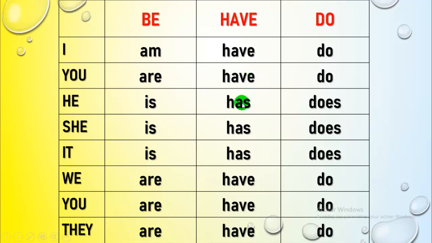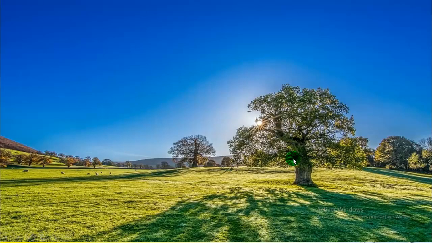I have, you have, he has, she has, it has, we have, you have, they have. I do, you do, he does, she does, it does, we do, you do, they do. This has already been dealt with in the previous classes.